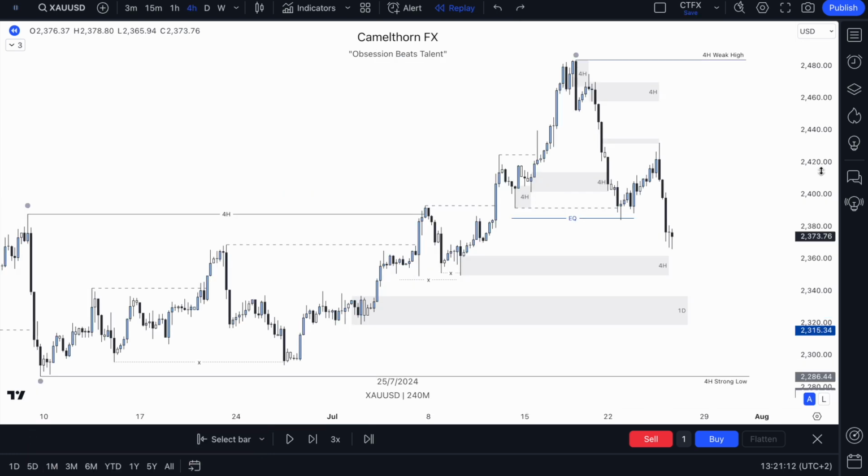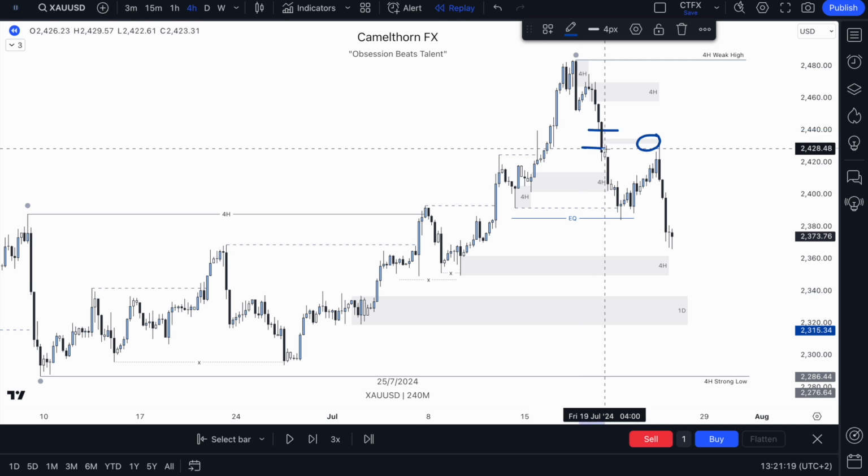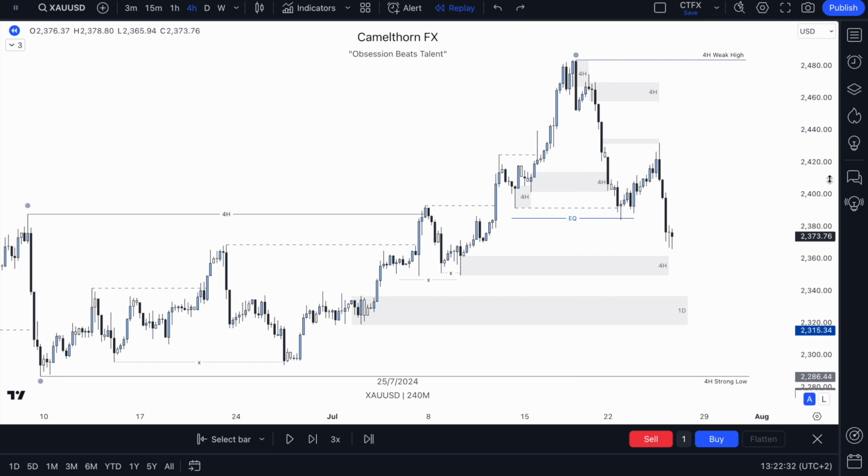The first very obvious thing that we already mentioned is that 15-minute supply sits within this 4-hour imbalance. Now, with my own personal trading plan, I don't look to trade from imbalance zones directly. I instead use imbalances as a positive confluence to add to the significance of a particular supply or demand zone.